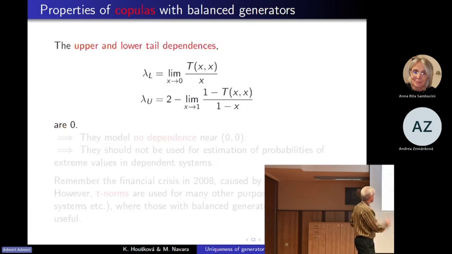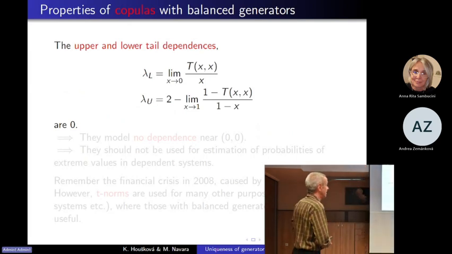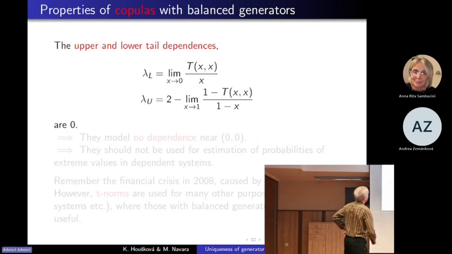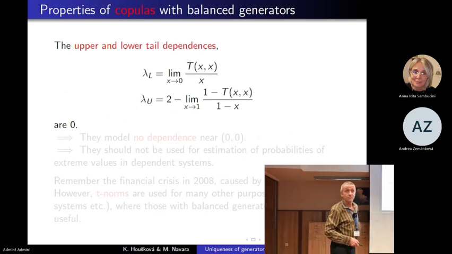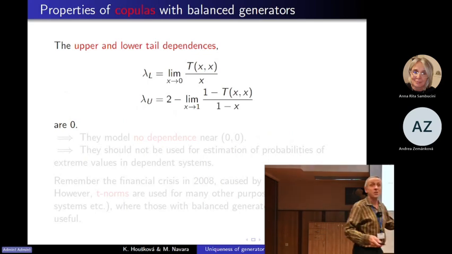This is an important consequence, really important even for your money bag. Because in financial models, they model upper and lower tail dependencies, and they are 0, which means in this region, we have asymptotically no dependence.